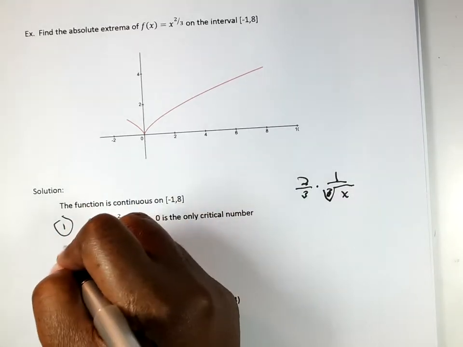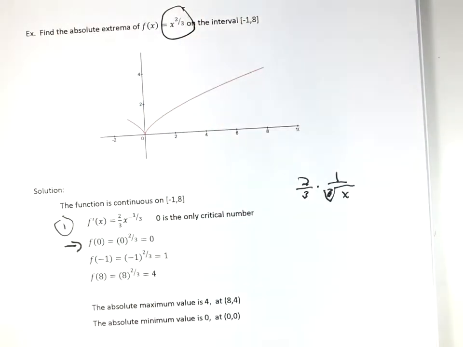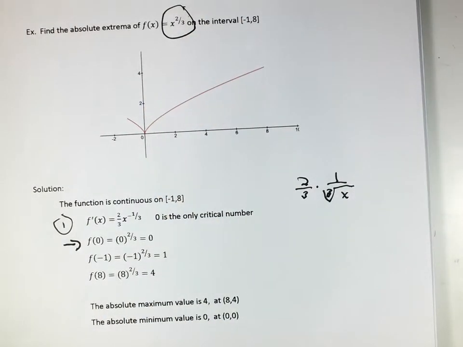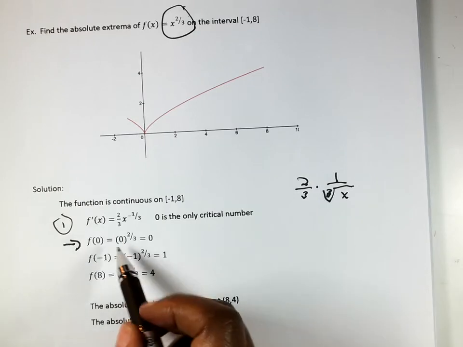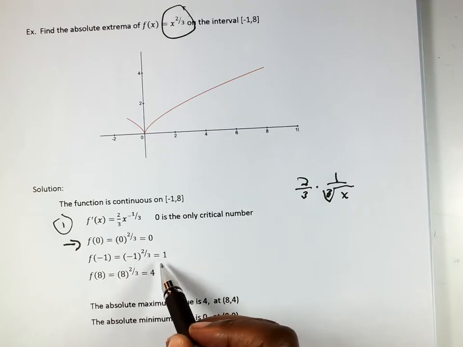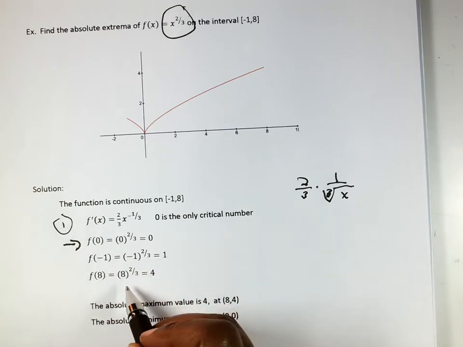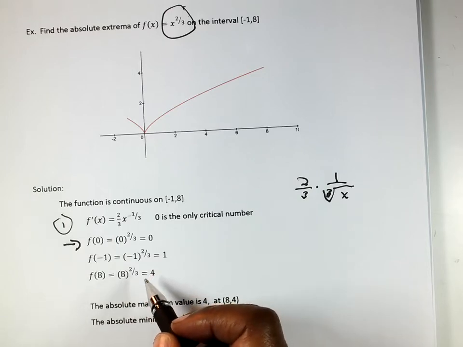So we're again plugging into this original function 0, and then our endpoints of -1 and 8. So 0 to the 2/3 is 0, -1 to the 2/3 is 1, and 8 to the 2/3 power is 4. And if you forget how to do this, you can plug it in your calculator.